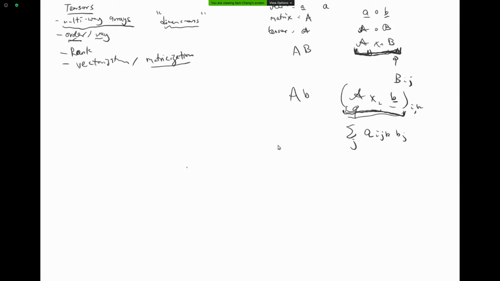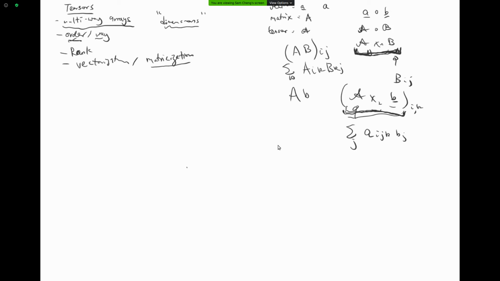So in that case, if we remember how matrix multiplication works, the ij element of A times B will be a_ik b_kj, summed over k, right?